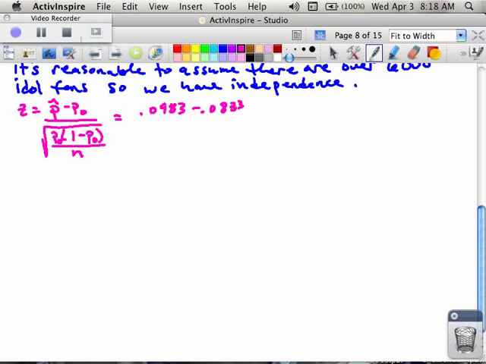You could use fractions if you want, so you don't have to have the decimals that I have. Then down below, inside the square root, the decimals that I get are 0.0833 times 0.9167. That's the 1/12, 11/12. And there was a sample size of 600. And so that gives me a z-score of 1.13.